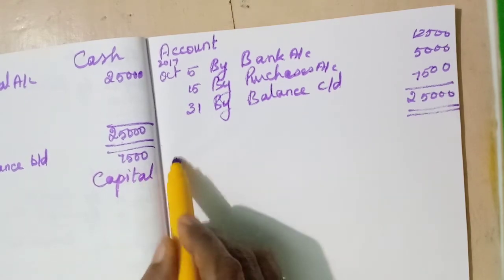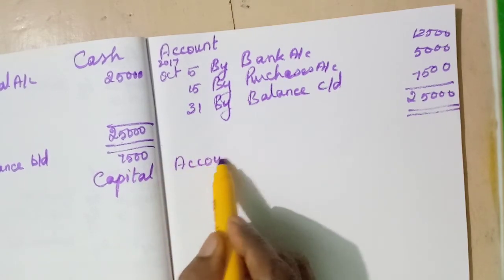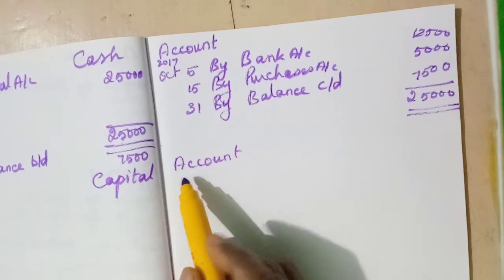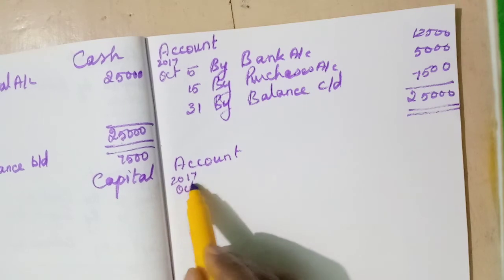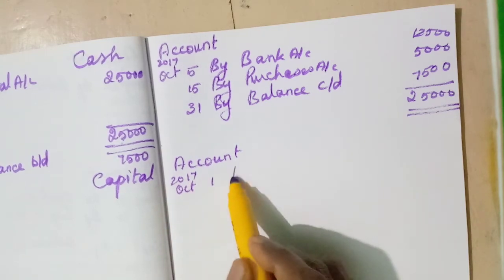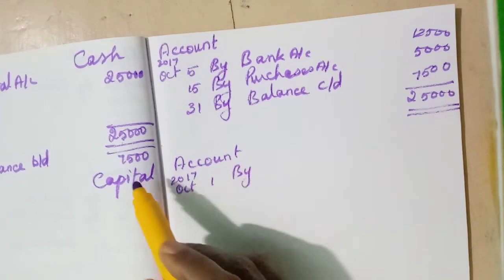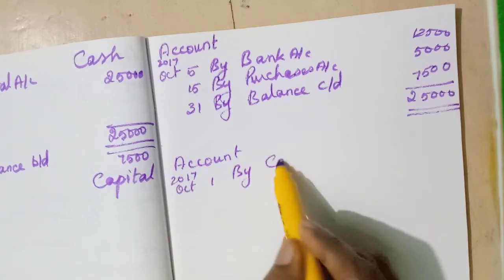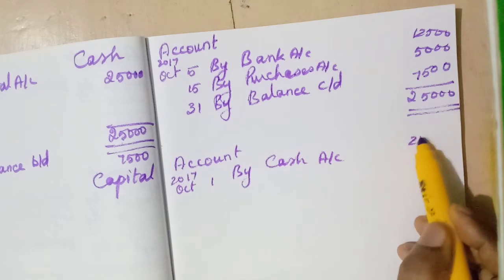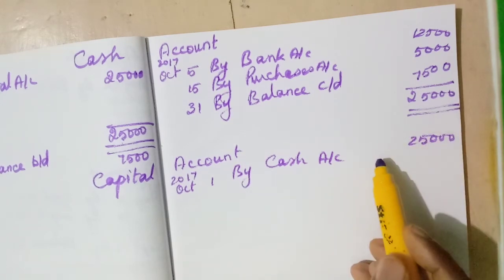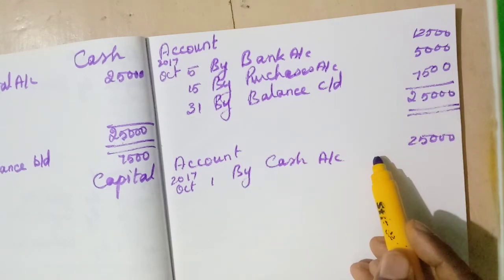Capital account. Capital account usually will appear on the credit side, isn't it? October 1 by capital credited. So credit side by cash account you have to write. Okay, how much? 25,000. Only one item, you leave it. Then next one, fifth one, bank account.